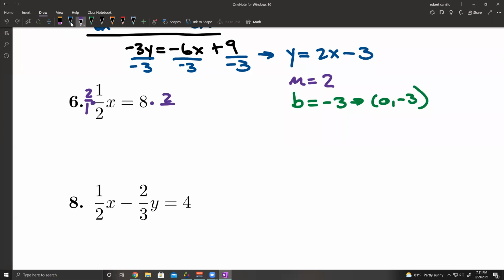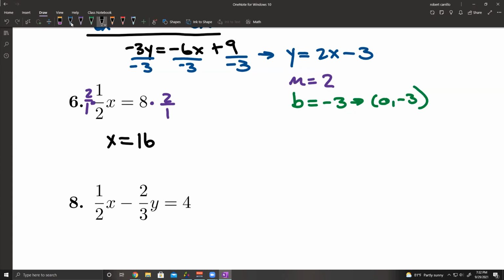Multiply that by 2/1. And we end up with x equal to what number? Oh, multiply, my bad. 16. There you go.